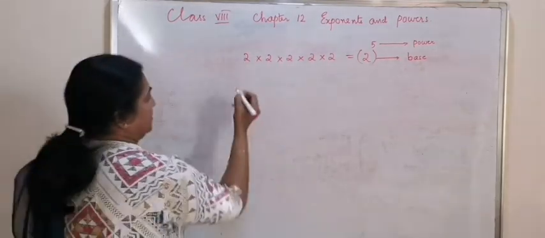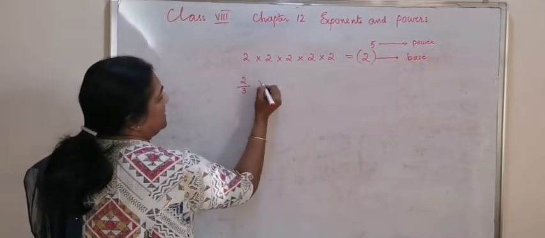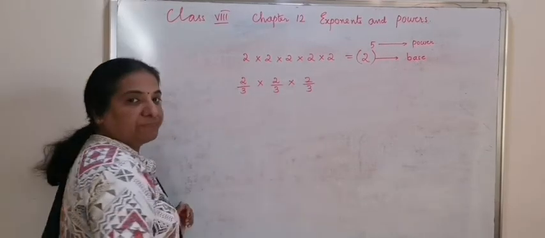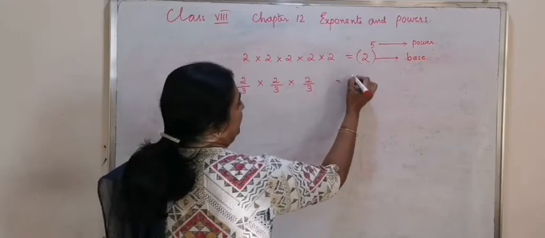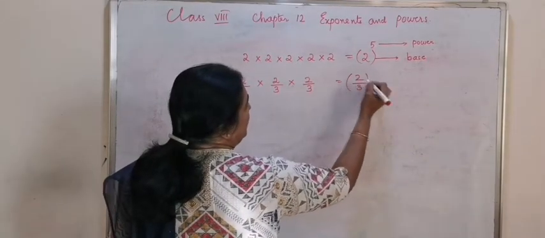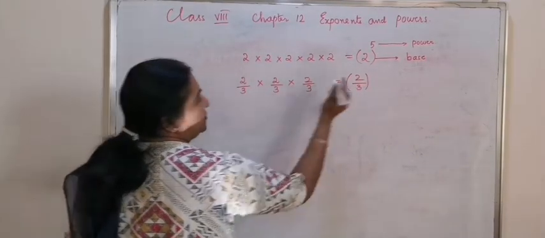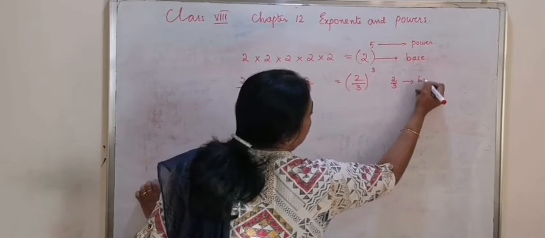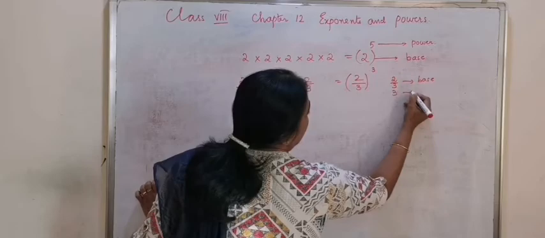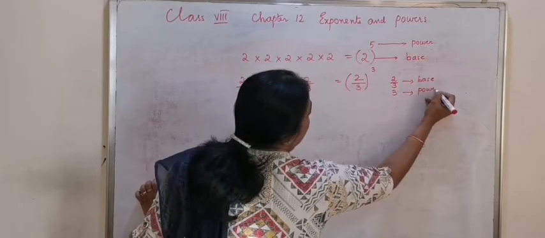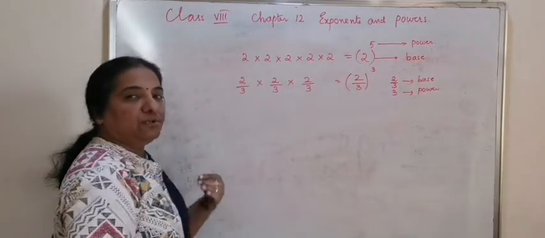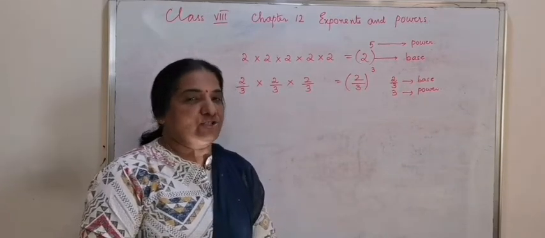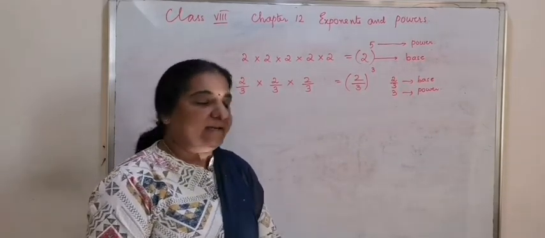Similarly, for a fraction, if 2 by 3 is multiplied by itself 3 times, we can express it in the power notation as (2/3) to the power of 3. Here 2 by 3 represents the base and 3 represents the power. You can always call it base and index also. It can also be called power or index.